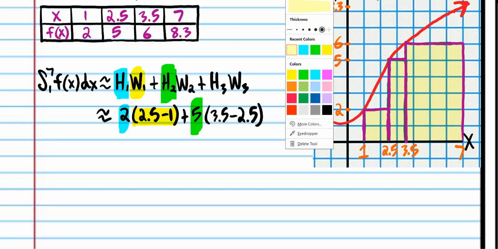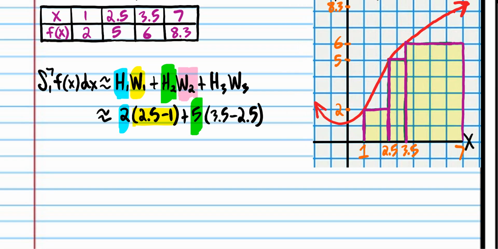All right, so that is this value here. So then we're going to add the height of the third rectangle, which is 6, and then times the width of the third rectangle, which is 7 minus 3.5.